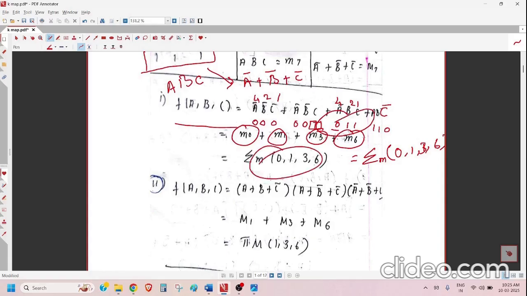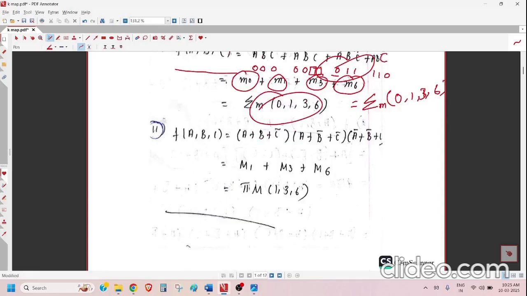Next, likewise if the max term is asked, I hope we already discussed. Max terms means without bar it is 0, with bar it is 1. So this is 0 0 1, and this is without bar, so 0 1 1, and this is 1 1 0 will be there.